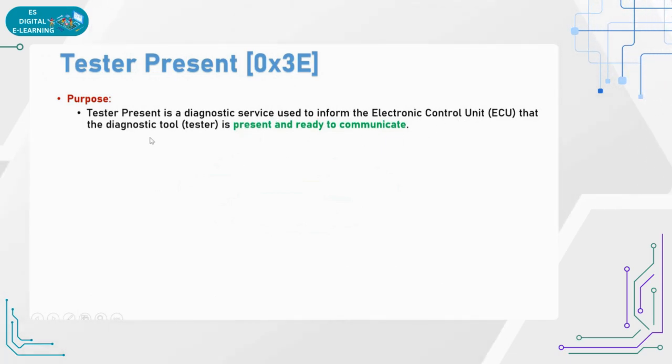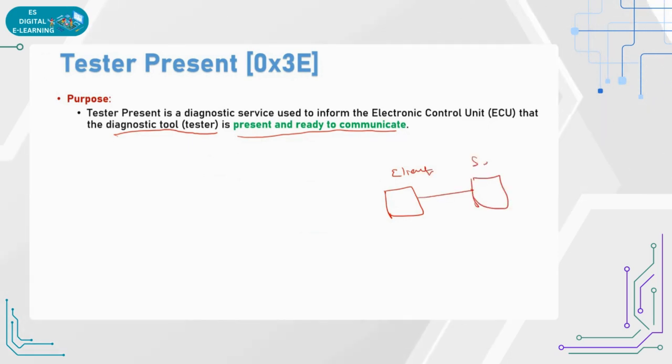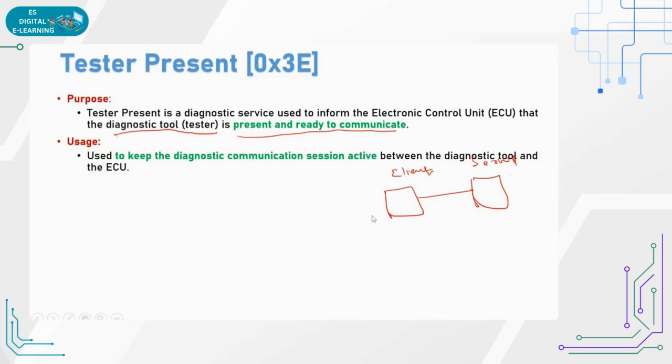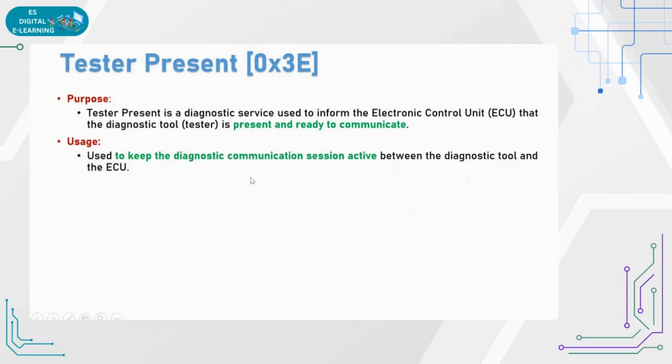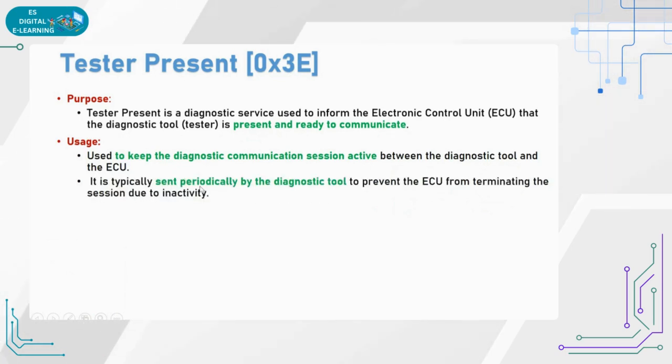As part of the diagnostic tool, the tester is present and ready to communicate, which means it should have connectivity between CANoe, the client, and the server. Continuous communication is required between the CANoe tool we are using and the ECU.